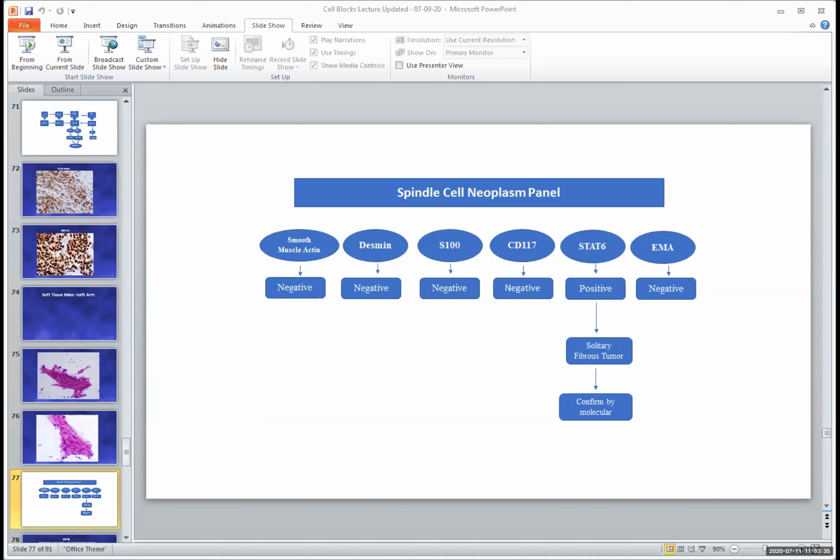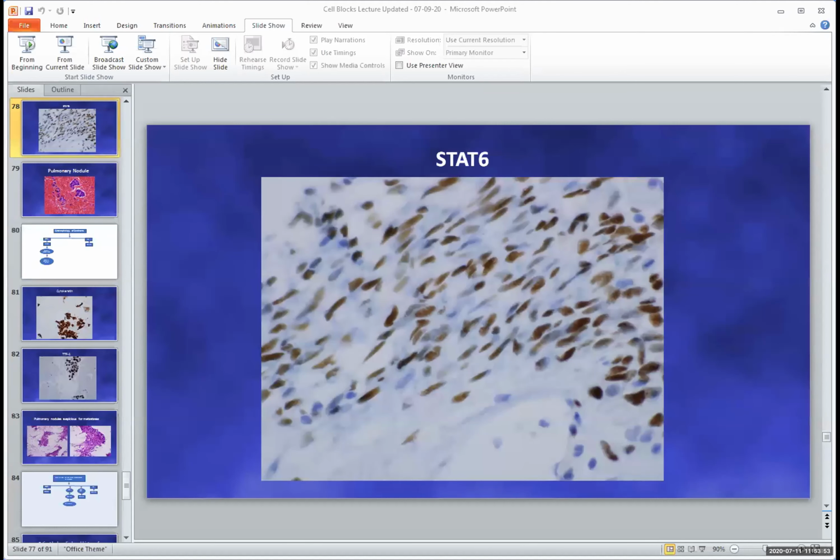While STAT6 is quite specific for solitary fibrous tumor, the specificity is not 100%, and usually I confirm those by molecular diagnostics, and that was performed on the cell block material. It was indeed positive. Again, just to show you how nice and clean that STAT6 nuclear staining was in that soft tissue mass of the arm.